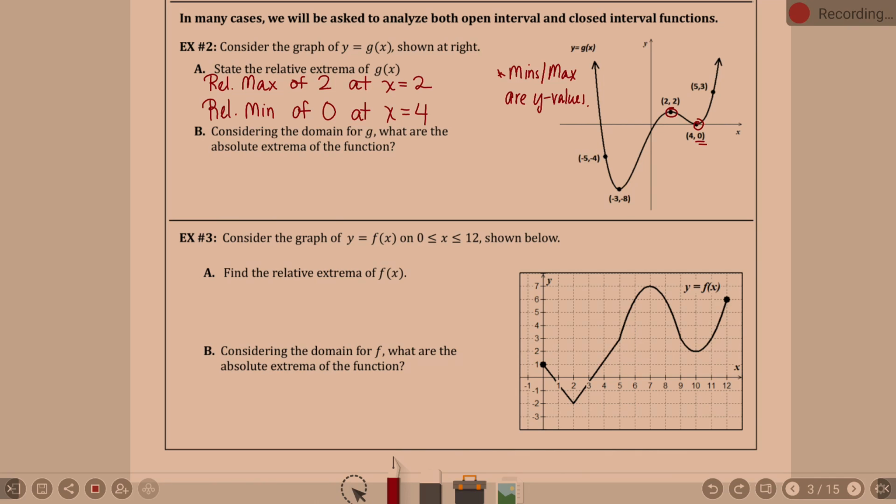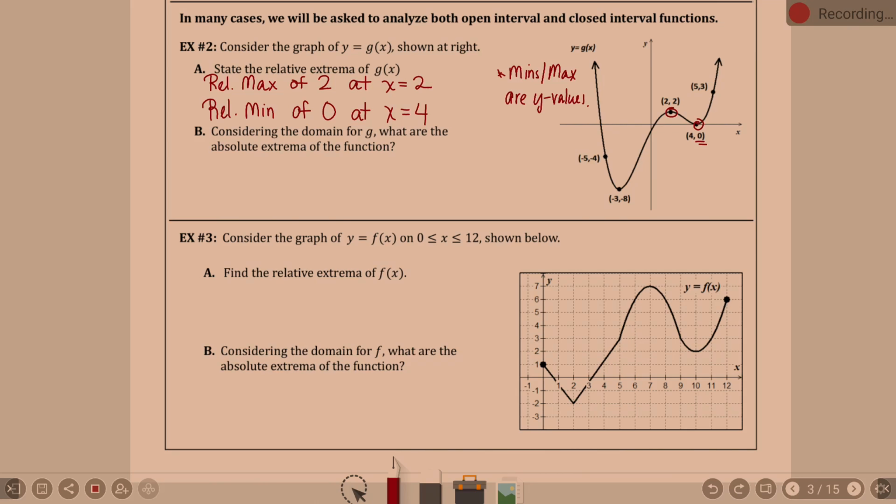Would we not consider 2, 2 an absolute max? No. Since it's infinitely up, we don't count that. In other words, is there going to be an absolute max here? No. If we had endpoints here, we could come up with some absolute max.